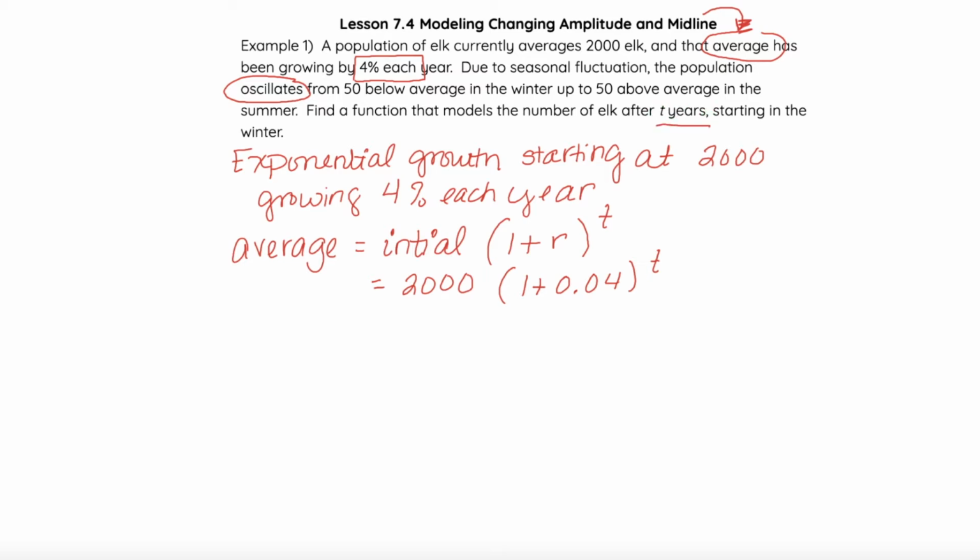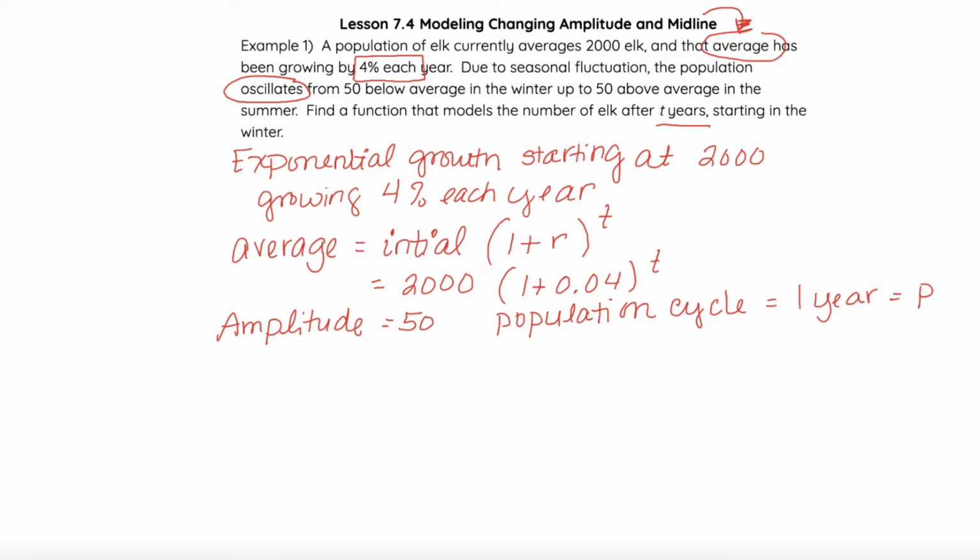We also know that our amplitude is 50. And I know it's 50 because we go 50 above and 50 below the average in the winter and in the summer. Our cycle is 1 year for our period because our population cycles every year, and that's going to be our period.